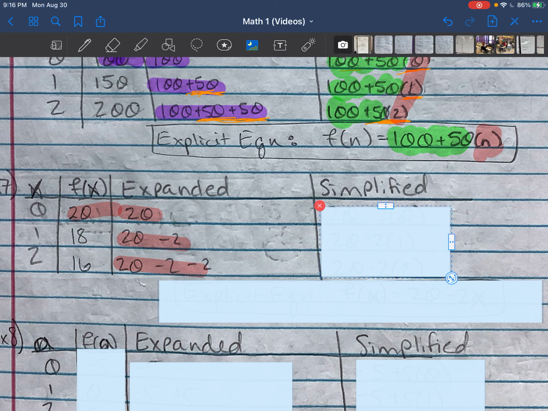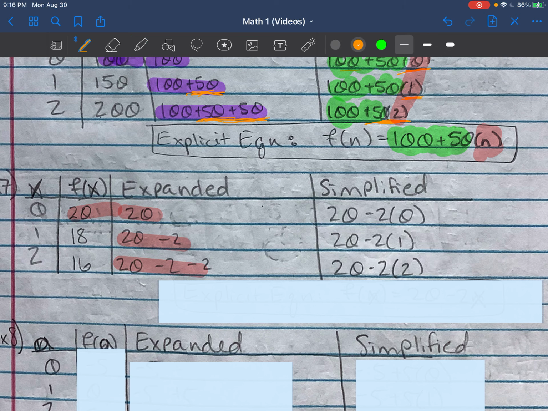I'm going to simplify this, and I always like to start from the bottom. So I had 20 minus 2 times 2, because I subtracted 2 twice. 20 minus 2 times 1, because I subtracted 2 once. 20 minus 2 times 0, because I subtracted 2 no times.